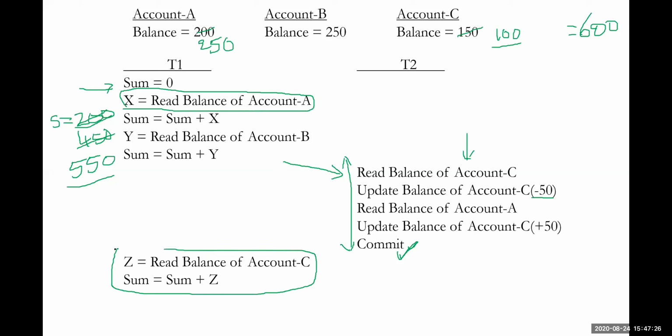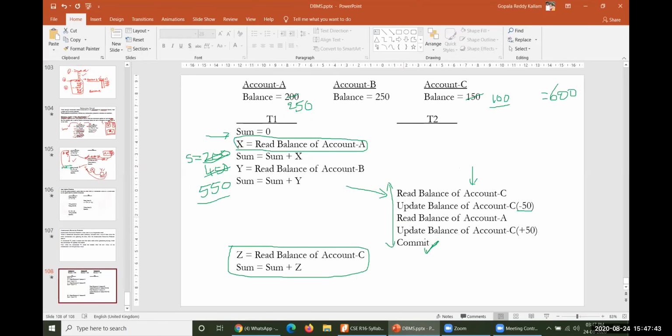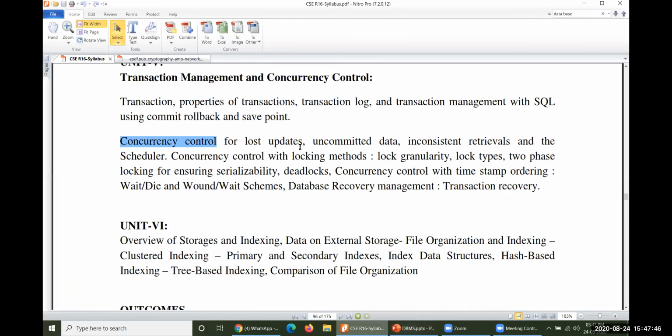These are the three different kinds of problems that could occur when concurrent execution is done by the databases. In future, how could you avoid all this? We have lost updates, incomplete data, and inconsistent retrieval.